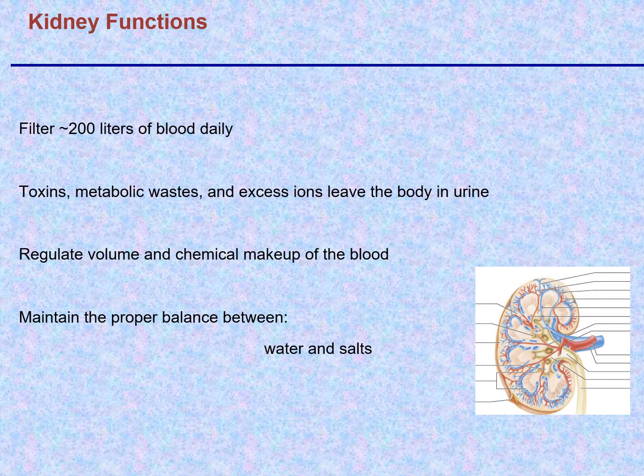Well, in general, the kidney filters approximately 200 liters of blood daily. That's a rough estimate. So the average person obviously doesn't contain 200 liters. It's going round and round constantly through the kidneys, as I said earlier, and the plasma part of it is being filtered.